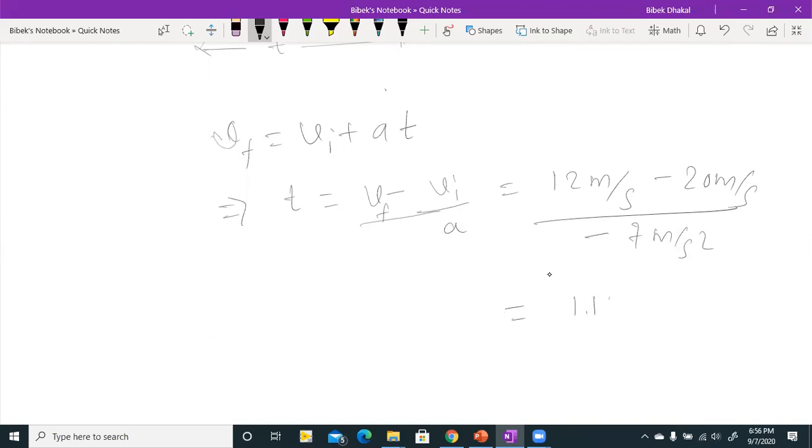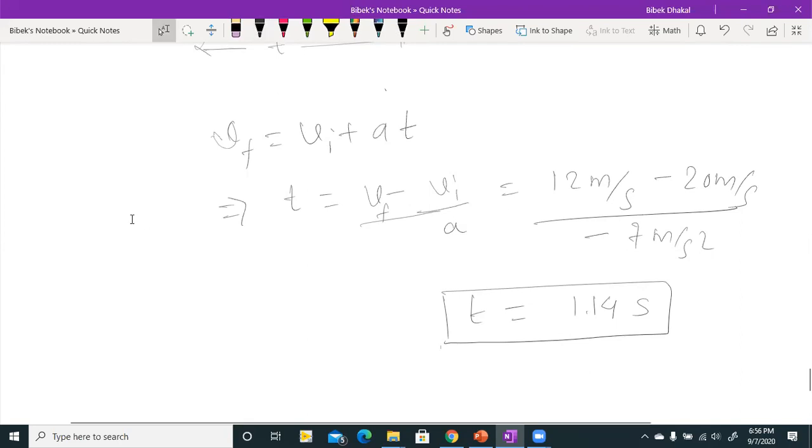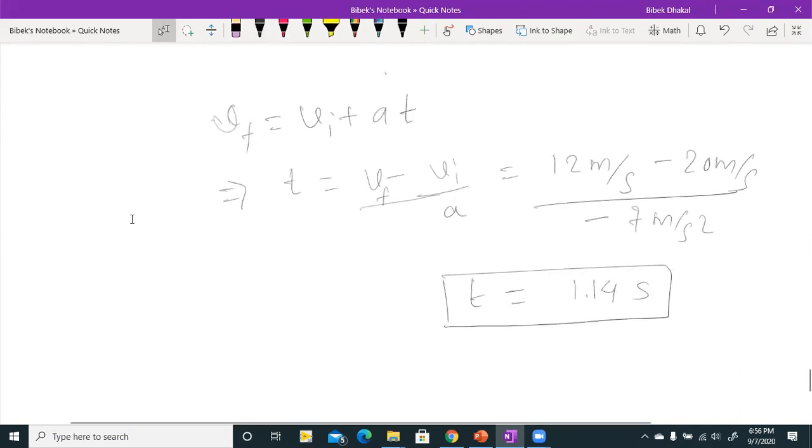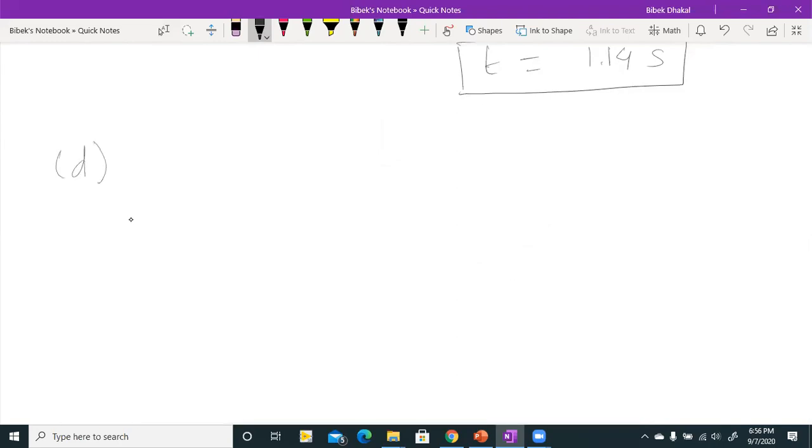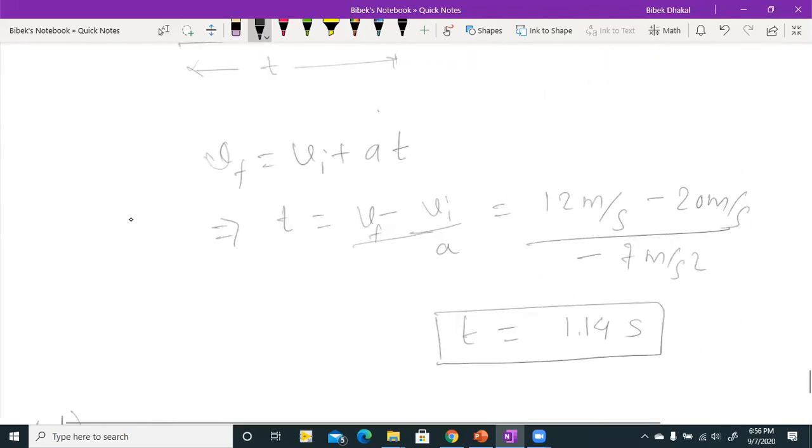That gives you 1.14 seconds. So make sure that you don't get the time as negative. Time can't be negative. If that was possible, we would be traveling back in time. So that means you're doing something wrong with the algebra. So if you have any question, you can ask me right now.